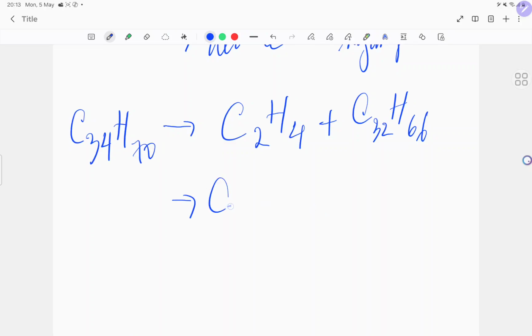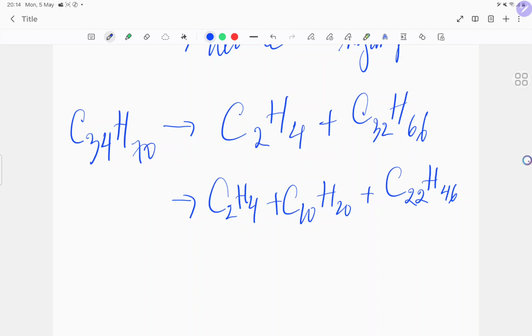Let's take another example. It can also be cracked to C10H20 and C22H46, right? So here's another alkene and an alkane.